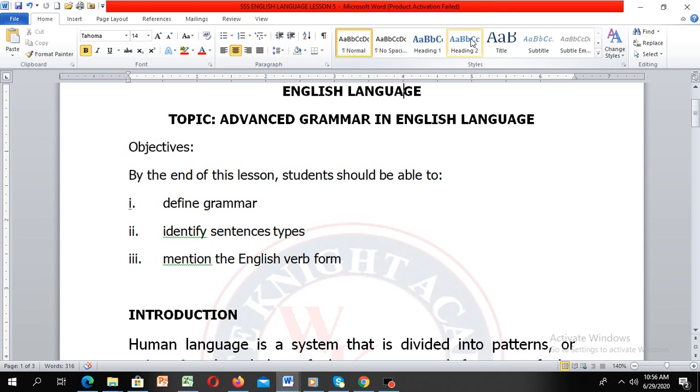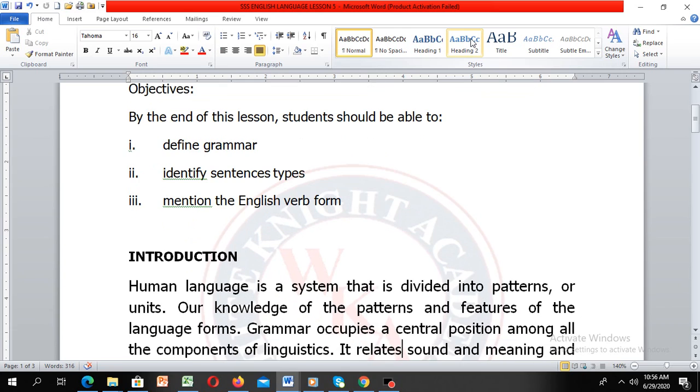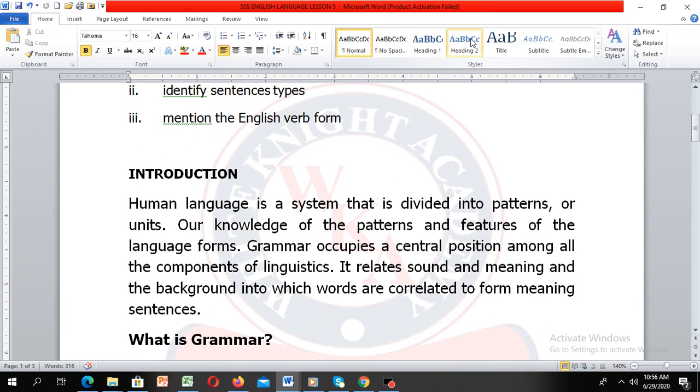All right, today we have a topic to be handled titled Advanced Grammar in English Language. You know, grammar is part of a central position among all the components of linguistics.